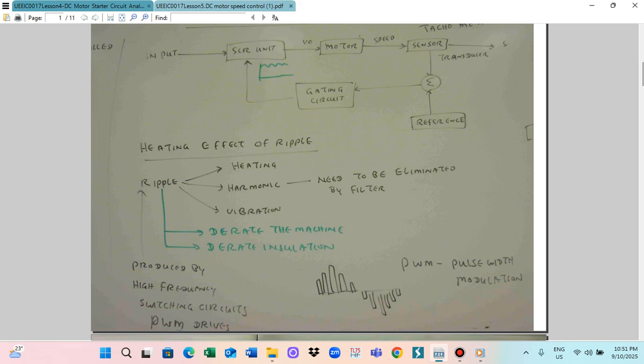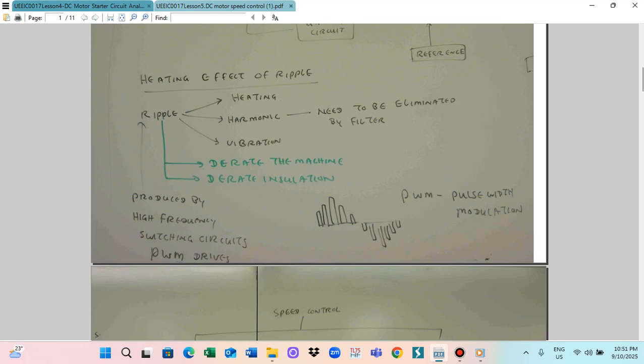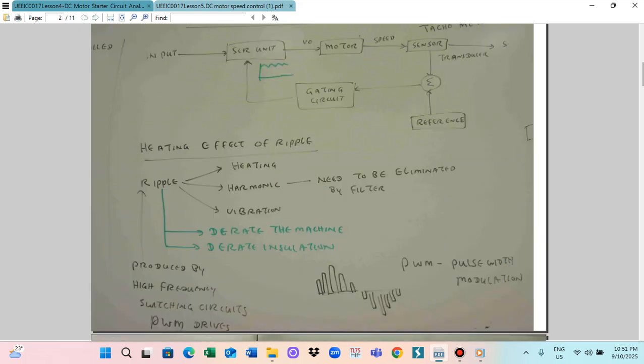These ripples are produced by the high frequency switching circuit. The high frequency switching circuit can be a PWM drive.